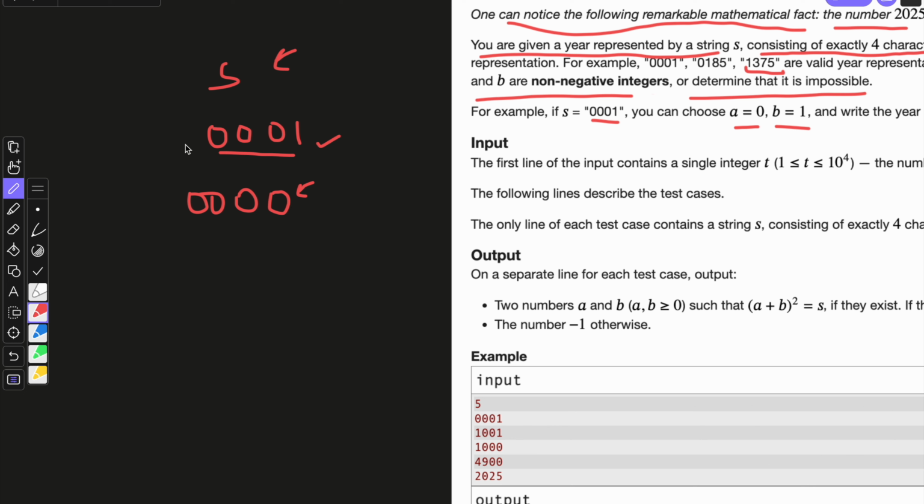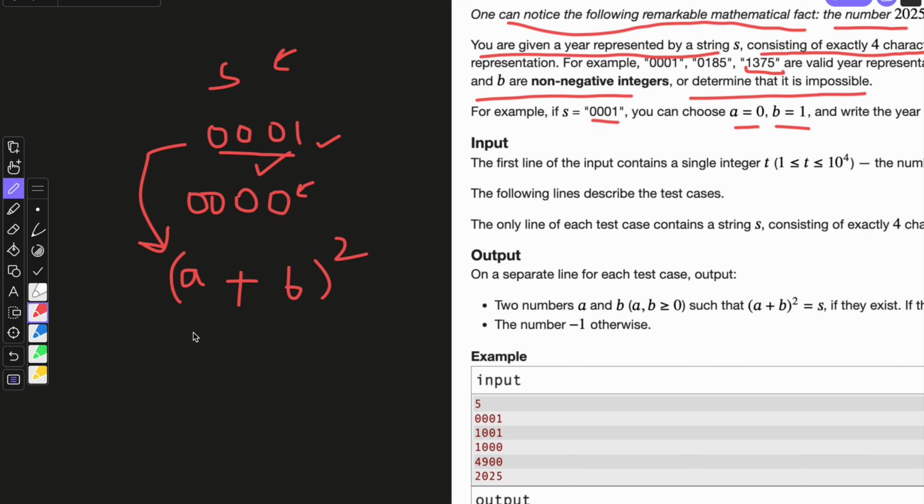So we have to transform this number into (a + b) whole square so that we get this number.